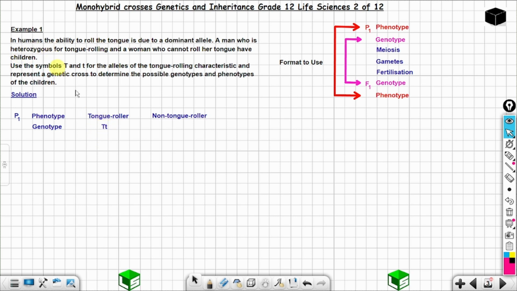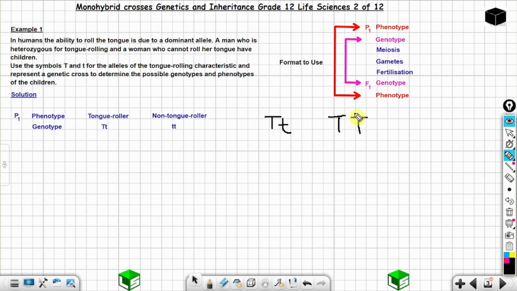Now, the woman cannot roll her tongue, so for the woman's genotype, the genetic makeup, she has two recessive alleles to be a non-tongue roller. She cannot have the dominant allele, because if she did, she would be a tongue roller.